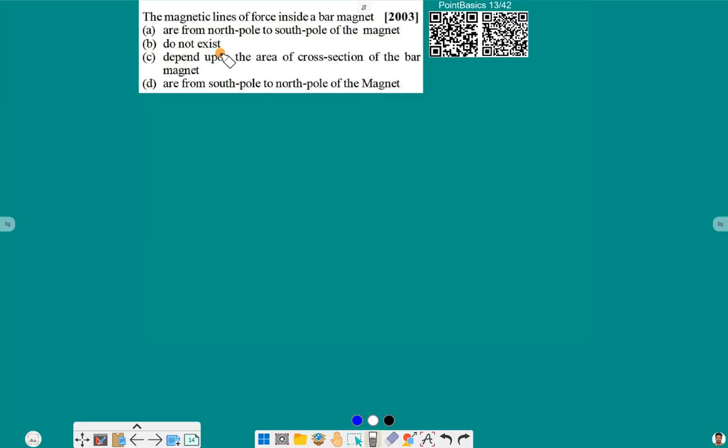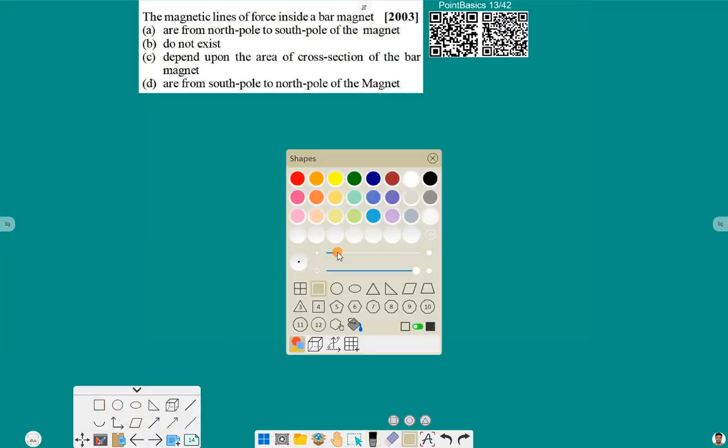So here is the question: the magnetic line of force inside a bar magnet. So we have to explain how magnetic field lines propagate inside a bar magnet. Suppose this is our magnet.